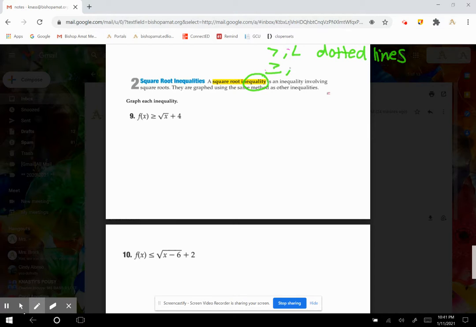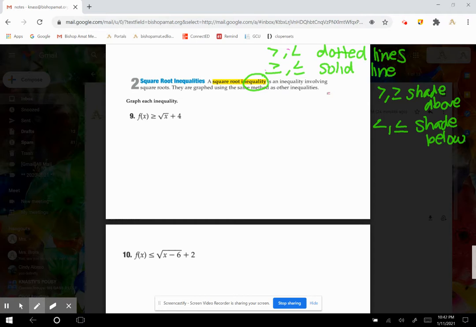Greater than or equal to, less than or equal to, solid line. Greater than or equal to, you shade above. Less than or equal to, you shade below.